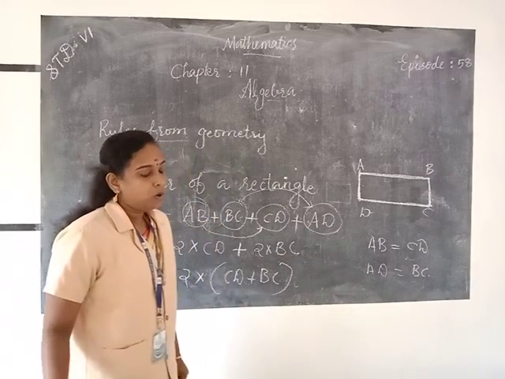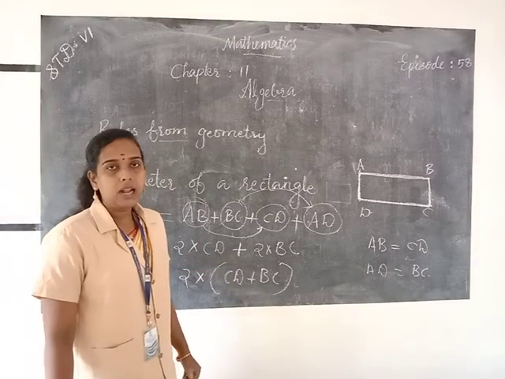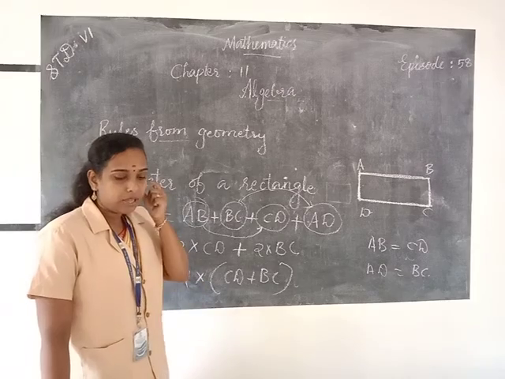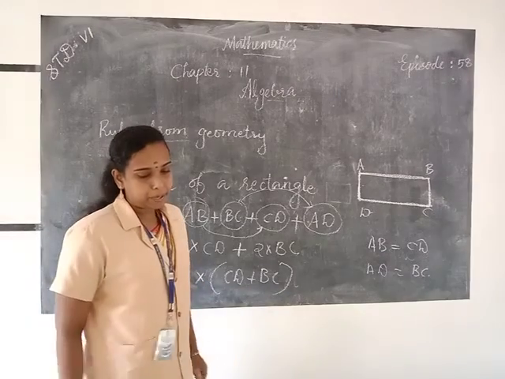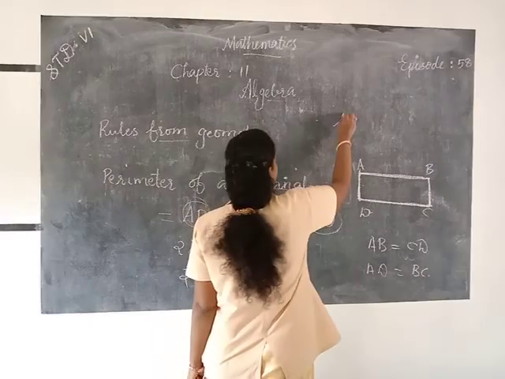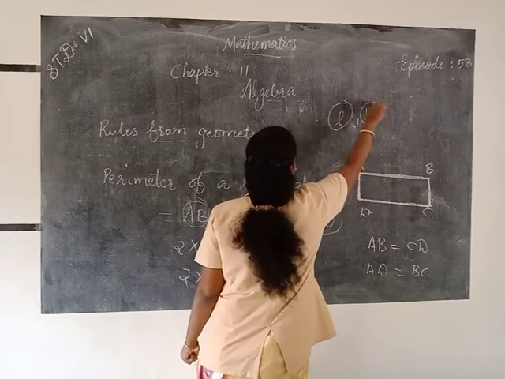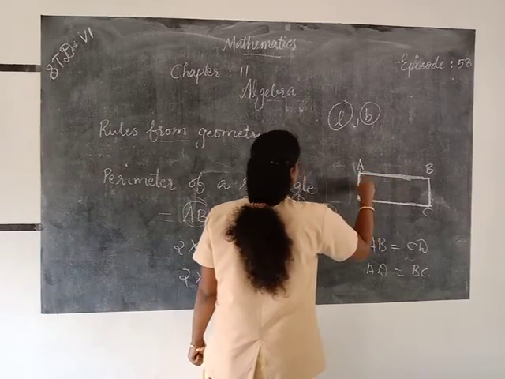Okay, so here we can express the perimeter of a rectangle by using variables. So here we use variables as L and B. L is the length and B is the breadth.